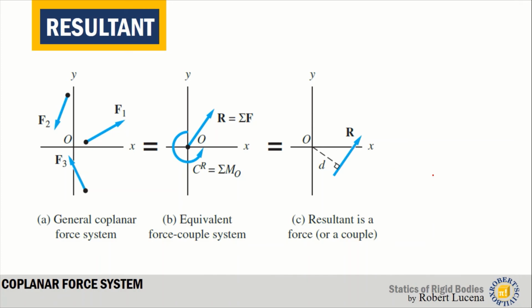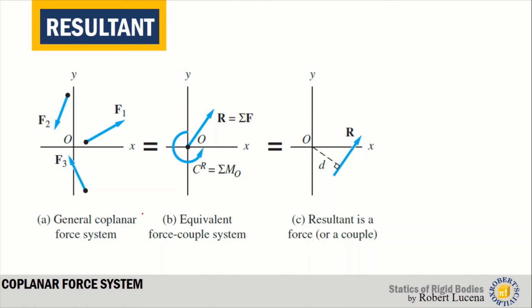Now, if we have three arbitrarily or erratically arranged forces, they have a resultant magnitude and a couple resultant, meaning the resultant causes rotation about O, and that could also be force times distance.